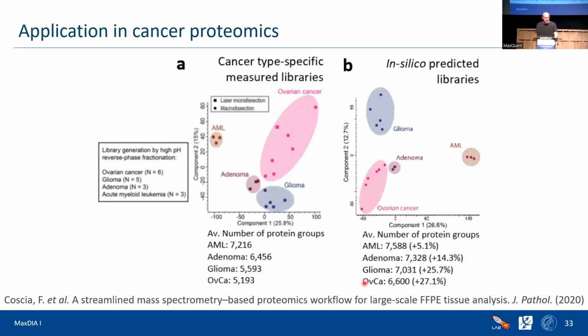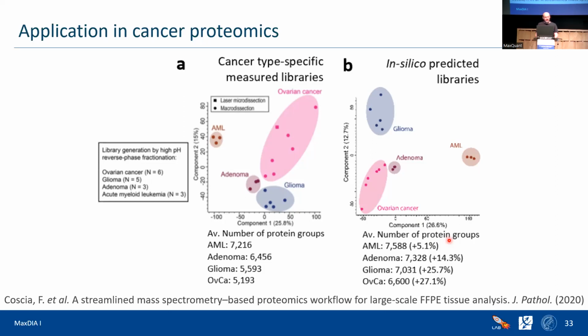So then, here we redid another project that was done with the deep fractionated library, even with a sample-specific library, on FFPE cancer tissue samples. Long story short, if you do the in silico predicted library, the discovery library with MaxDIA, you get higher numbers of proteins here, and you get even slightly better separation in the first principal components.